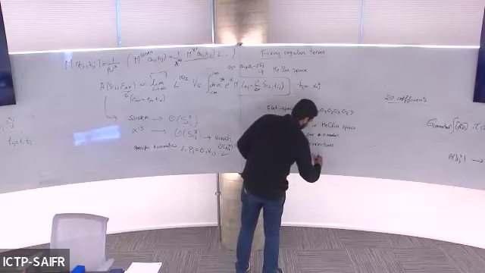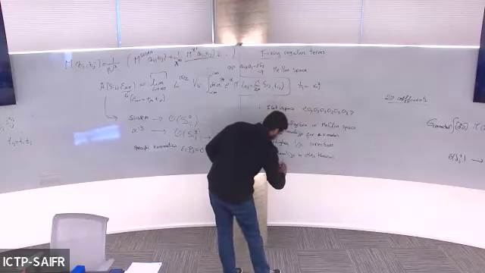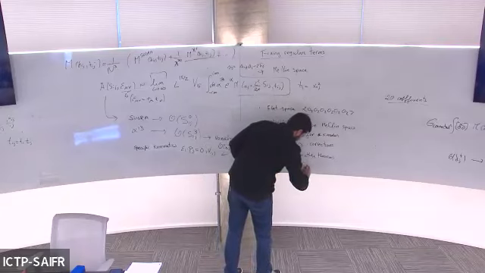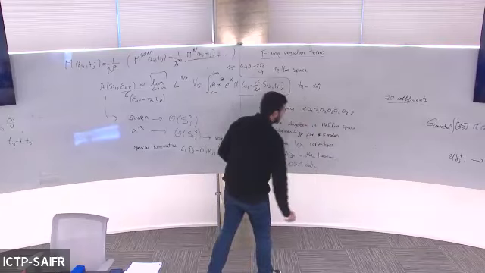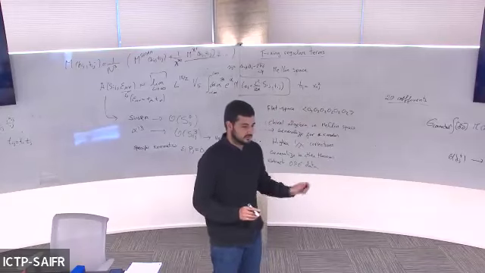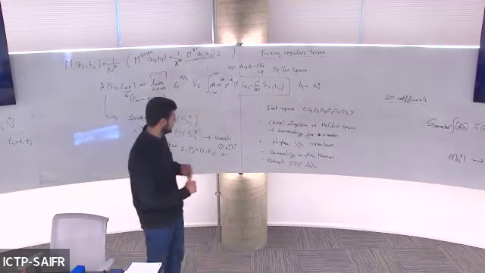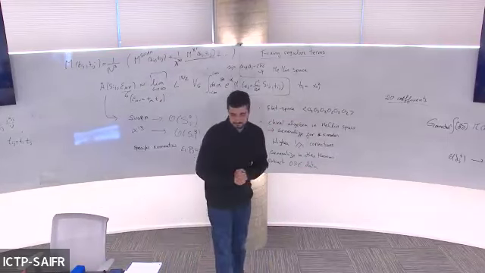And also extract OPE data from this result. You have non-protected OPE data inside this 5-point function, and we can try to actually look at this and extract it. And with that, let me finish, and I'm sorry for going over time.